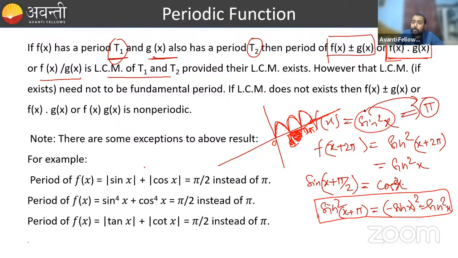Pi is a real number lesser than 2 pi for which sin square x also repeats its values again and again. Since there exists another positive real number less than 2 pi for which the definition of a periodic function is satisfied, the period of sin square x is pi.